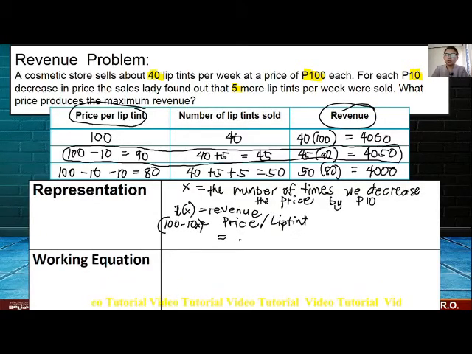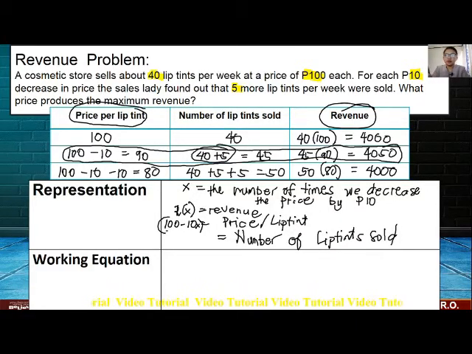And then for the number of lip tints sold, that will come from 40 plus 5 times the number of times it will increase the customers by 5, so 5x. So now we have here our representation.